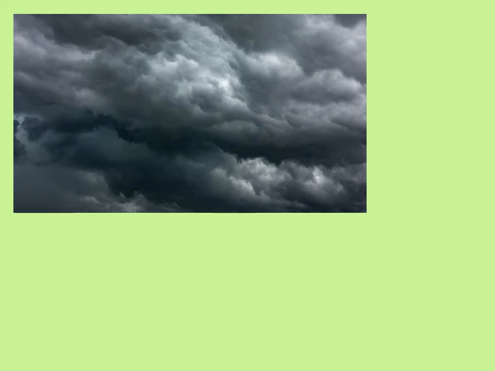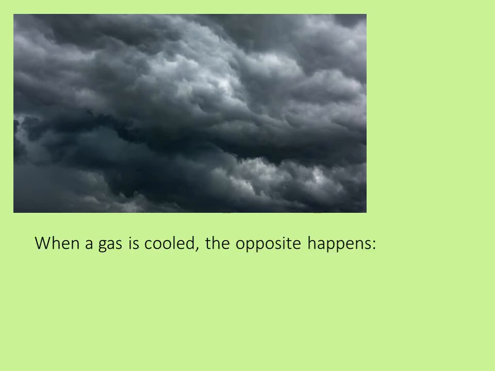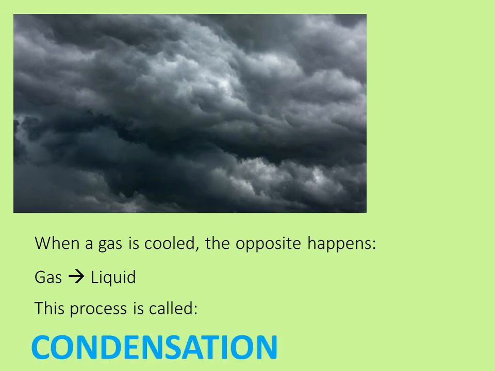Amongst other things, you have water vapour, which is the gas version of water. And when a gas is cooled, the opposite to evaporation happens, and the gas turns into a liquid. And this process is called, I'm sure you can guess, condensation.